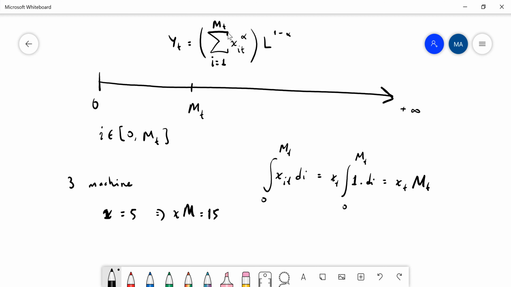Now, what would happen if m is equal to 1? That would be an interesting case, right? If m is equal to 1, the total is equal to aggregate. We also use this from time to time. The per machine level would be what? In a symmetric equilibrium, that would be just the integral of xt di, so it would be equal to just xt, right?